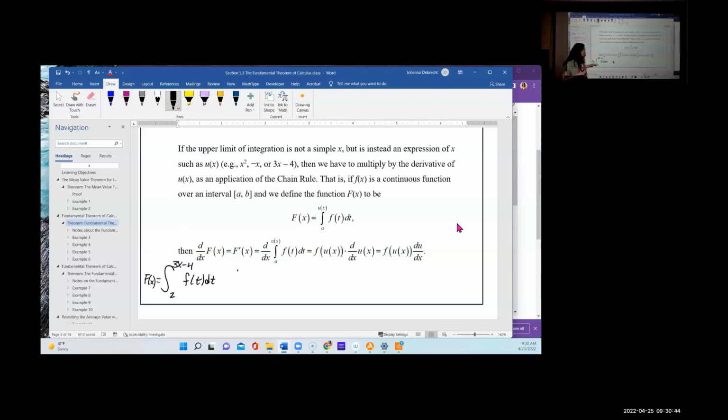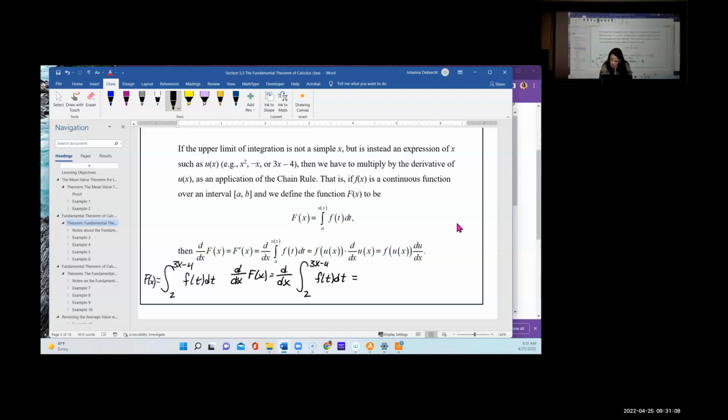So what I'm going to do is take the derivative of both sides of this equation. And so the derivative with respect to x of uppercase f of x is equal to the derivative with respect to x of this definite integral from 2 to 3x minus 4 of f of t dt.